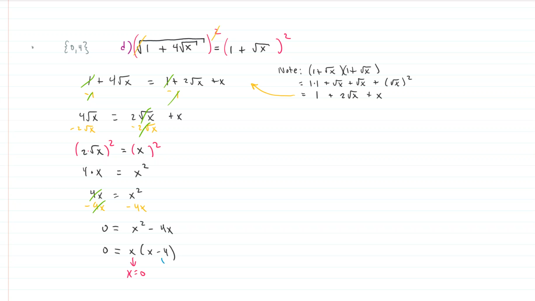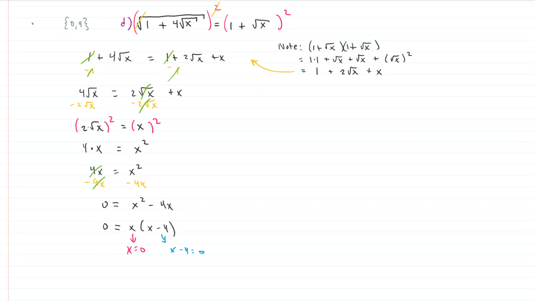Our second option, x minus 4 equals 0. If we solve for x, we add 4 to both sides. X equals 4, our second option. So we just need to check both of those and see if they both work.